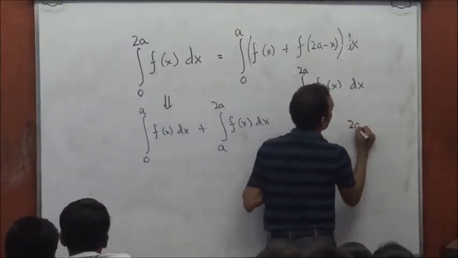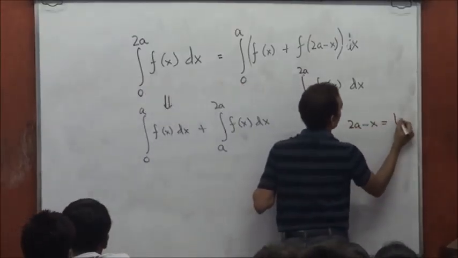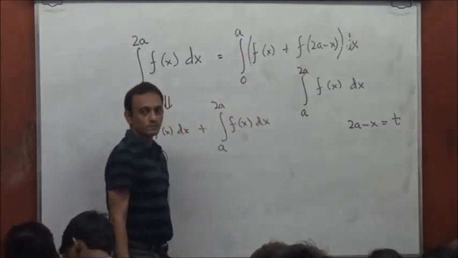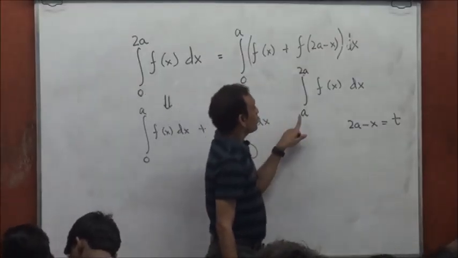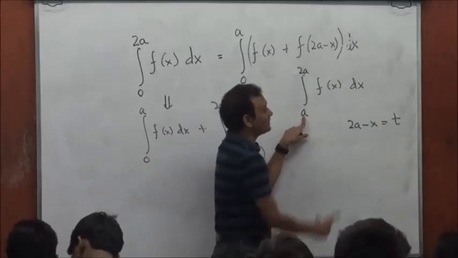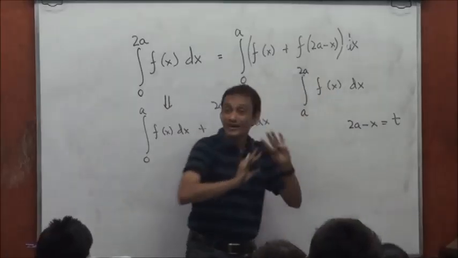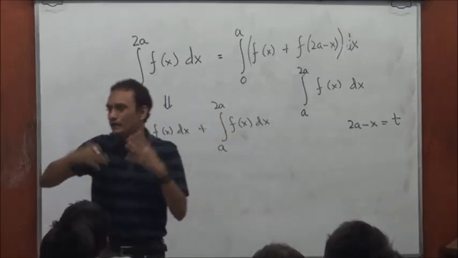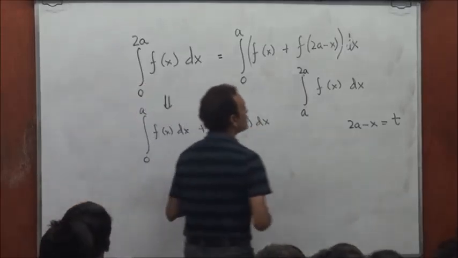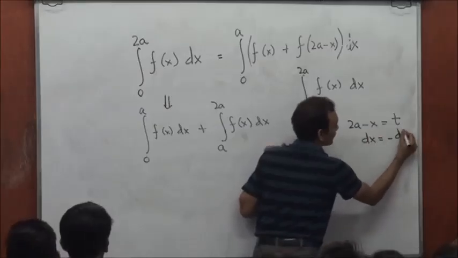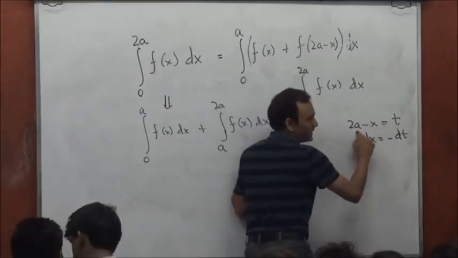Let me call 2a minus x as some t. So that when x is a, t would be a. When x is 2a, t would be 0. A and 0 in my limits. Right? So when I do this very clearly, then dx would be minus dt, and x would be 2a minus t.